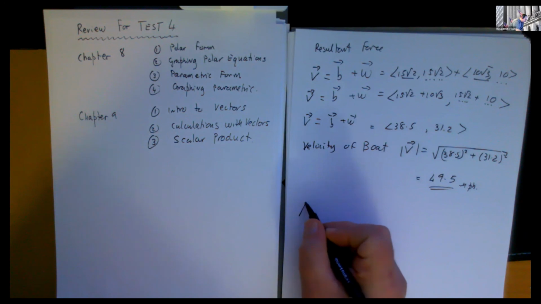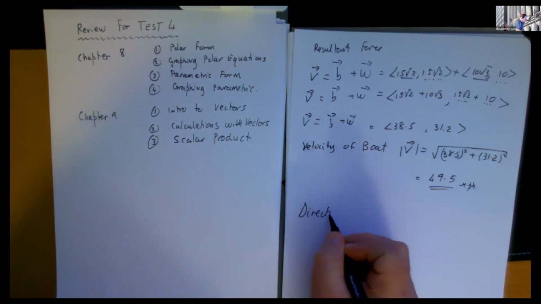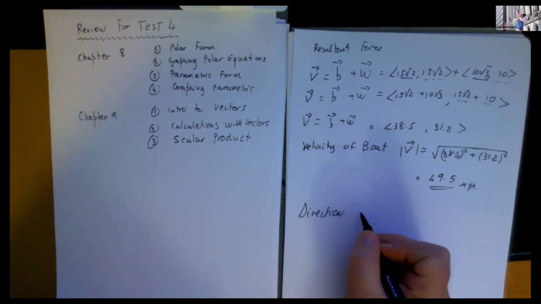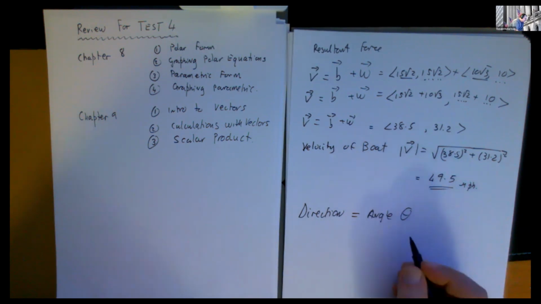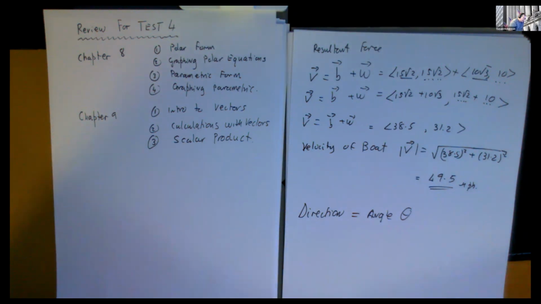And what's the direction then? The direction is angle theta. And shoot in space. I didn't swear, I said shoot in space. So I just realized why that looked wrong.